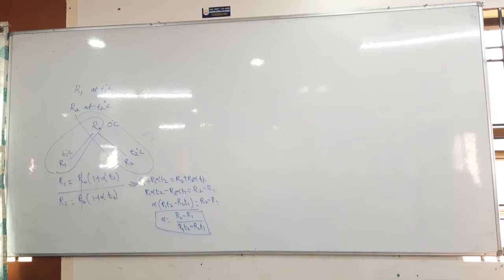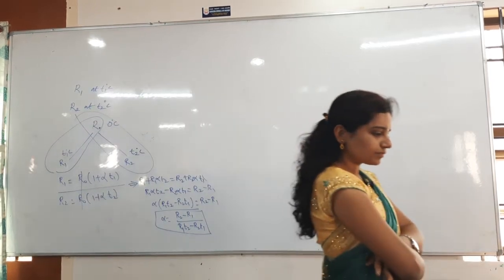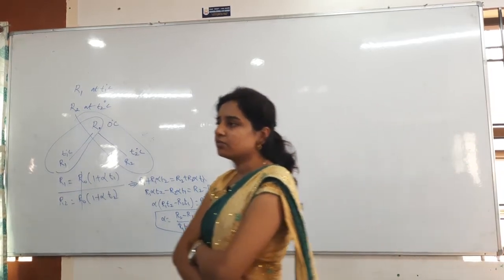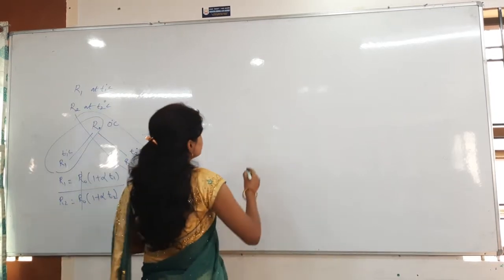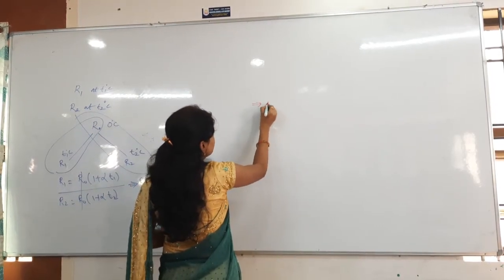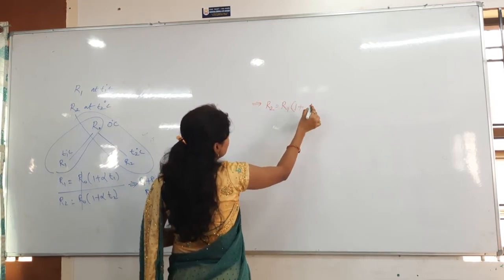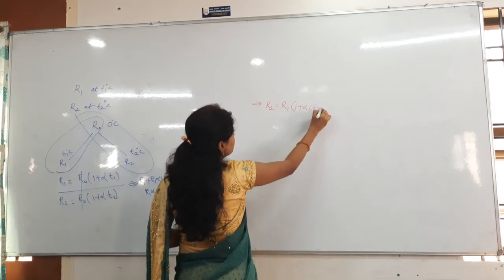First formula, first one. If temperature is changing from T1 to T2 and resistance is changing from R1 to R2, then R2 is equal to R1 into 1 plus alpha into delta T. In the place of delta T, you write T2 minus T1.